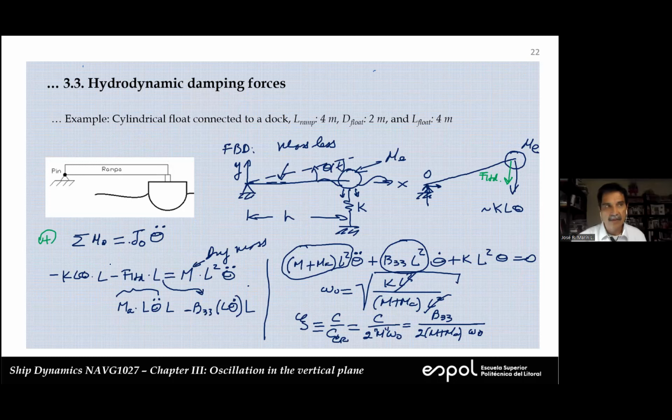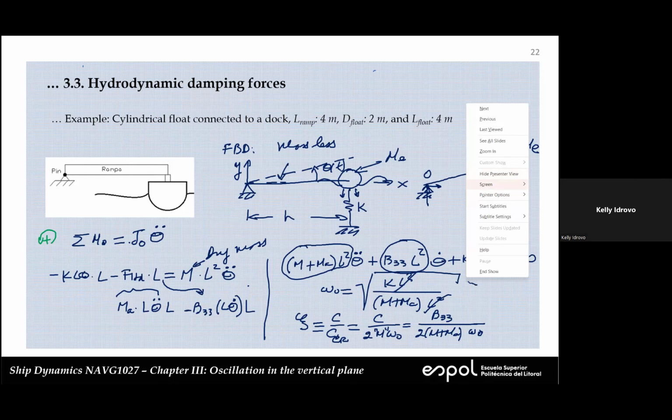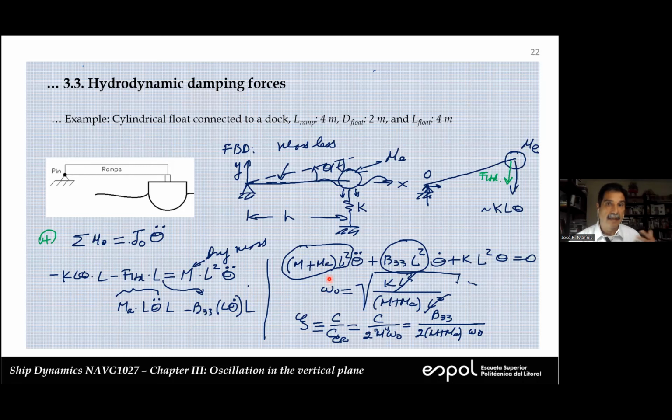The only thing you can do is say that this expression here, if this is a correct model, gives a natural frequency. But the problem is that this parameter, added mass, depends on the frequency.